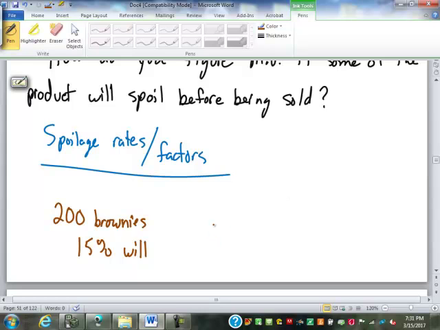Well, then you're the one that contributes to this factor. 15% will spoil without being sold. Not in my house. By spoil, spoil doesn't necessarily mean moldy or anything like that, but a bakery will set a standard of if they sit there for more than so long, they start to dry out and they're no longer considered fresh brownies.